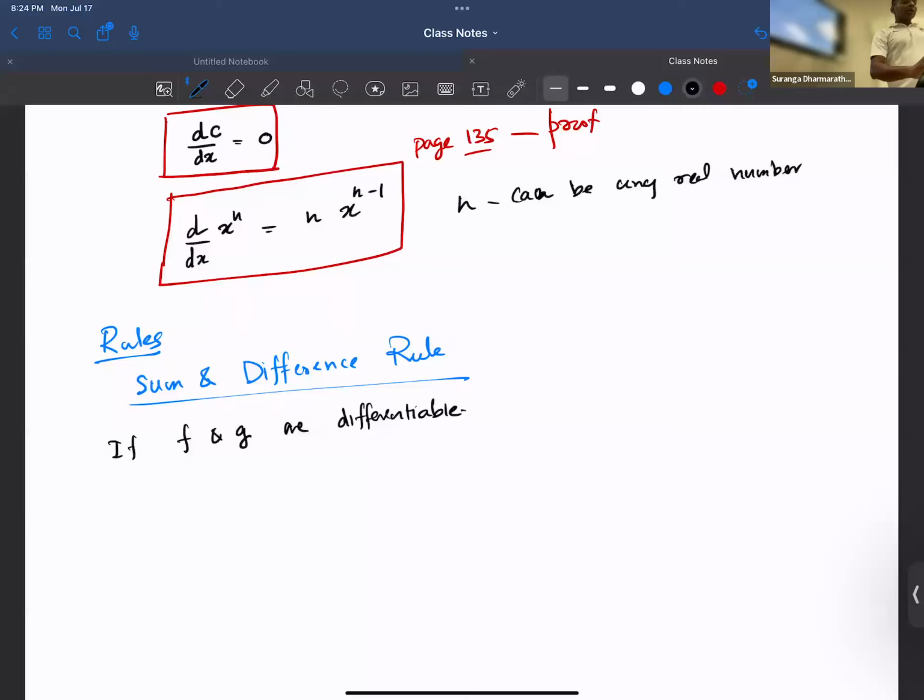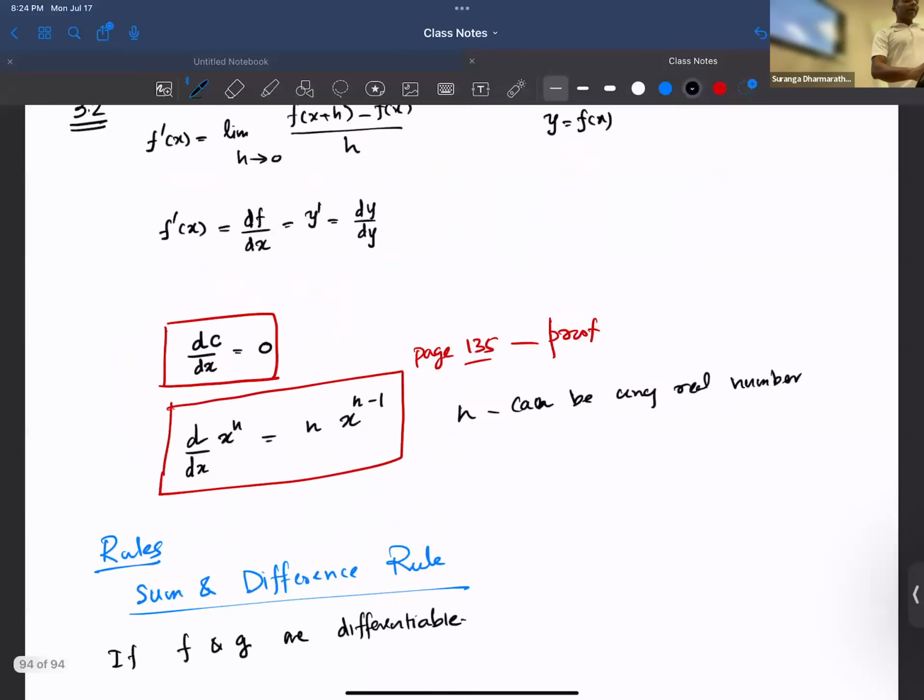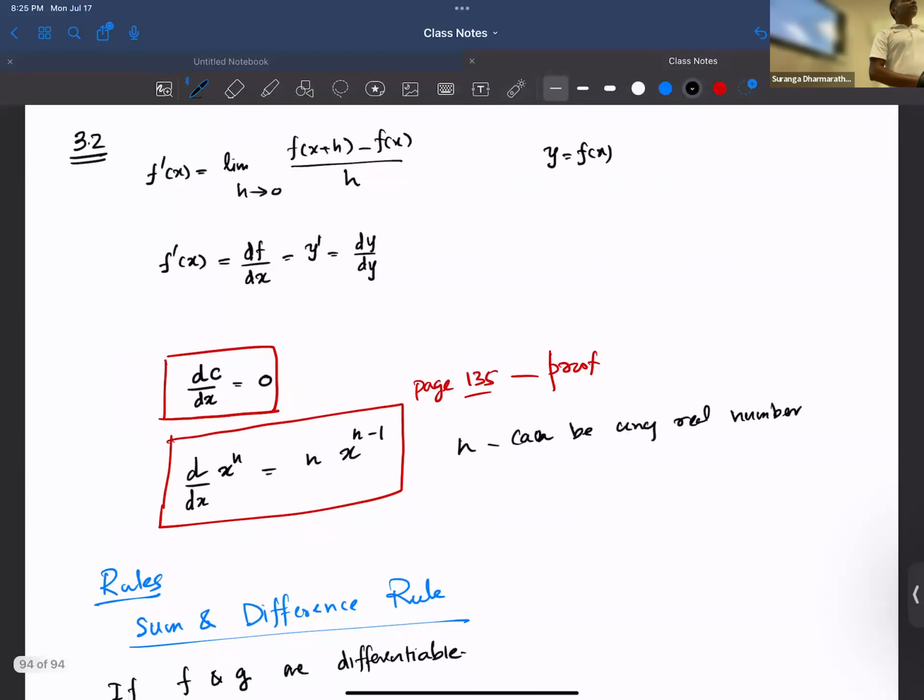So what do you mean by the existence of the derivative? Existence of the derivative depends on the existence of this limit. If this limit exists, that means the function is differentiable, right?